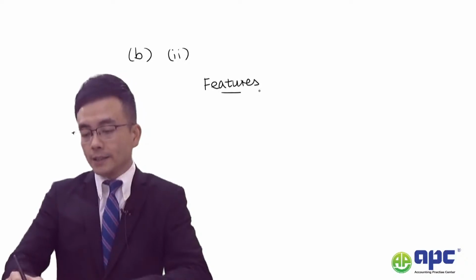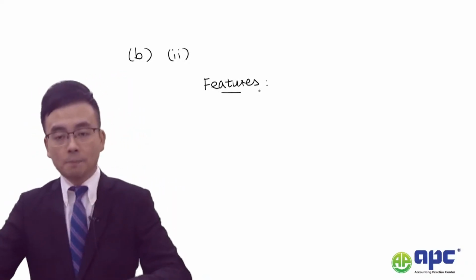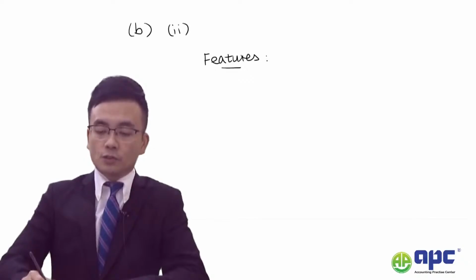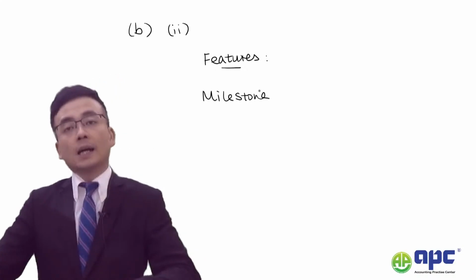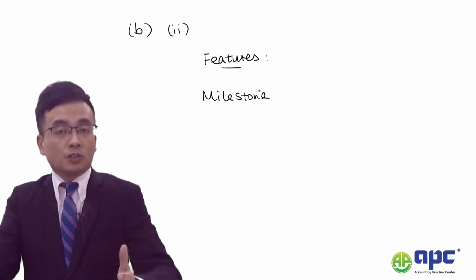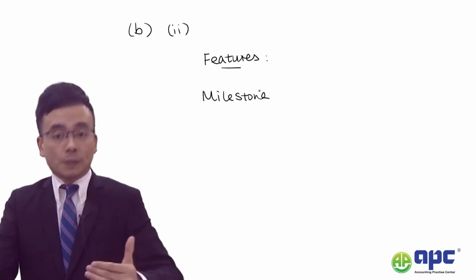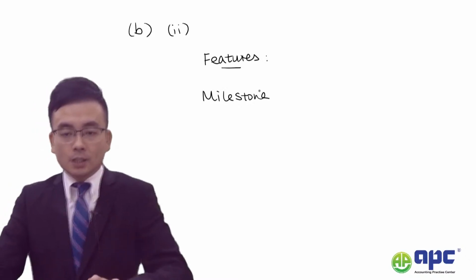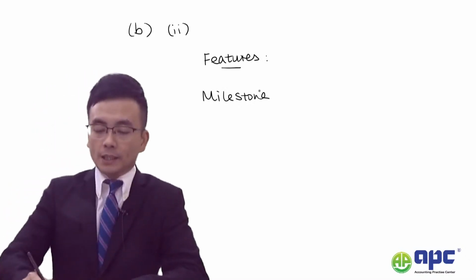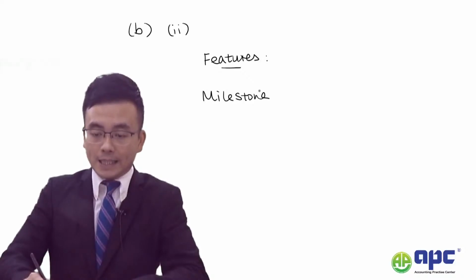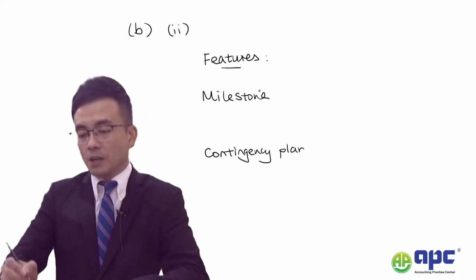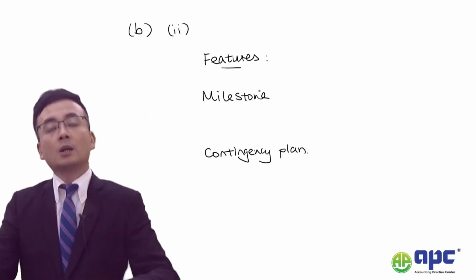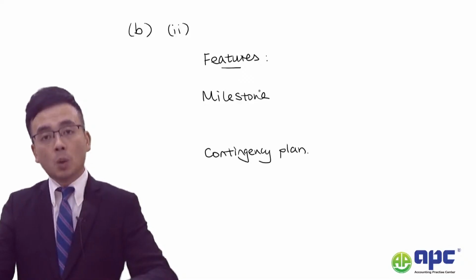Now, explain that in full sentences in the exam. So, firstly, it includes the milestones of each of the NPVs that you'd like to achieve on a stage by stage basis. At the same time, another feature is that it has a contingency plan. Okay, so for example, if we were to spot a risk, we are able to invest more related to that.